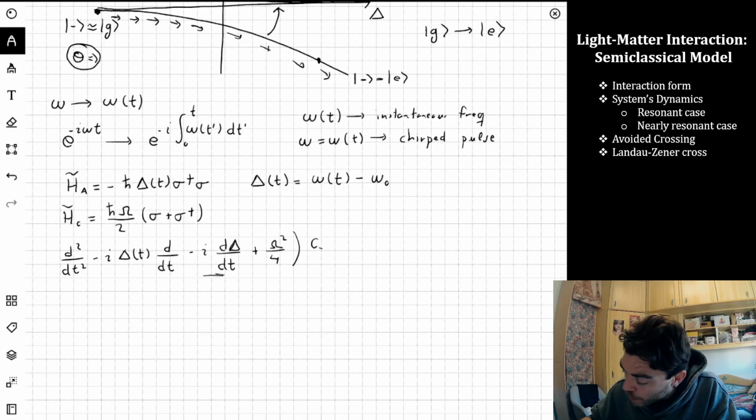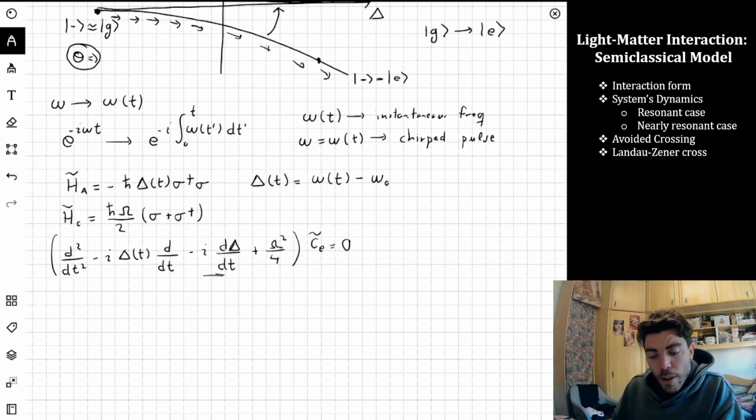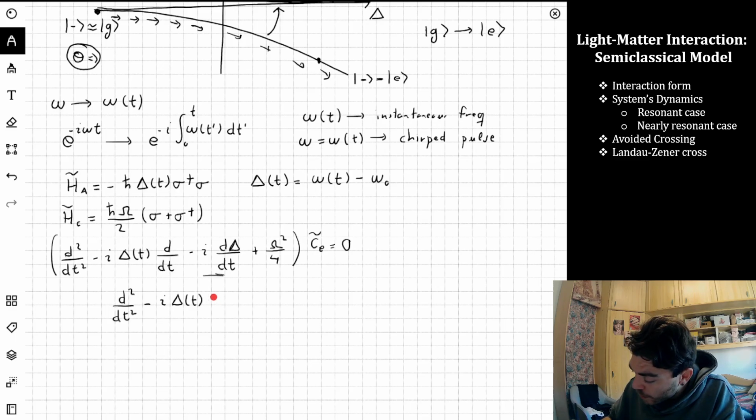This multiplies C_E, for example, and is equal to 0. And you have a similar condition for C_G. In particular, if you want to derive it yourself, or if you want to see the notes, minus i delta times the derivative with respect to time plus omega squared over 4 C_G equals 0. And these are now the equations of motion.